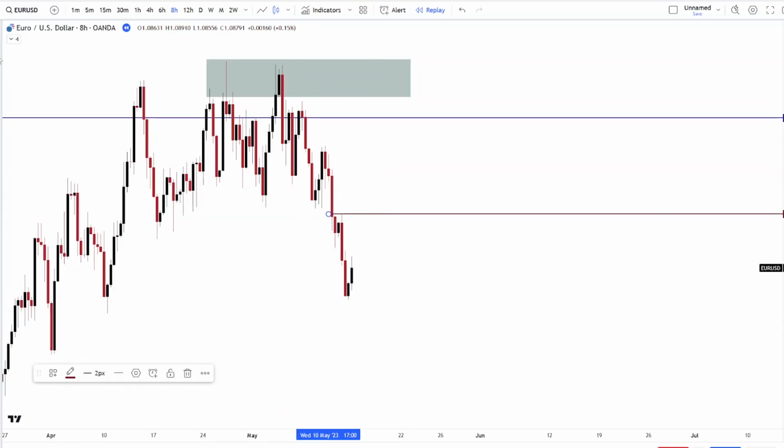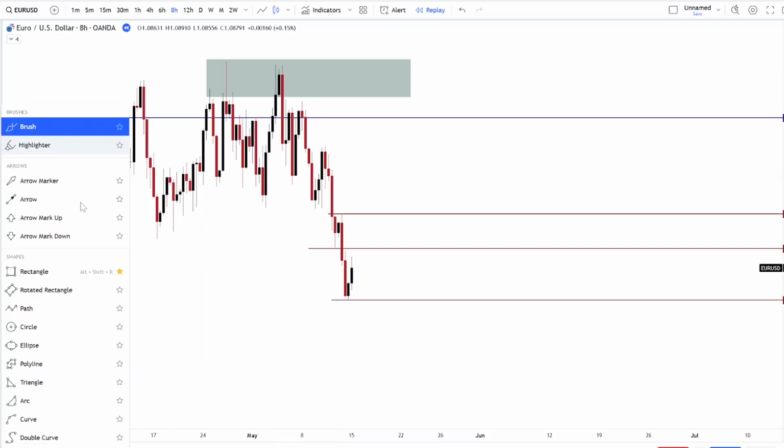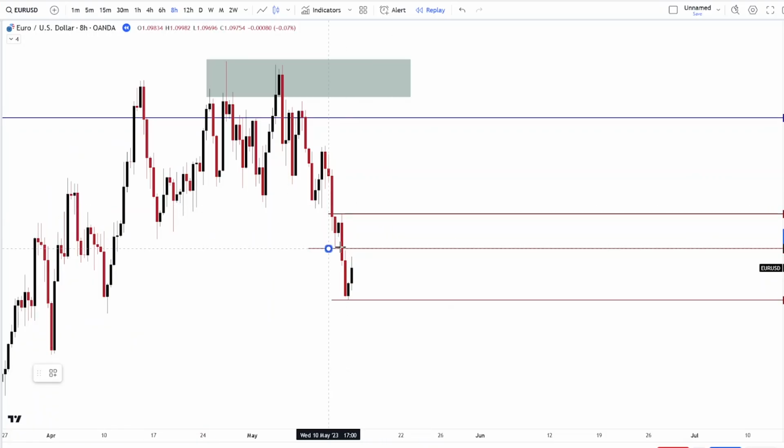This is our swing high. This is our swing low. This is our shelf. So we will mark our shelf. And we expect price to retrace in this area to continue lower.